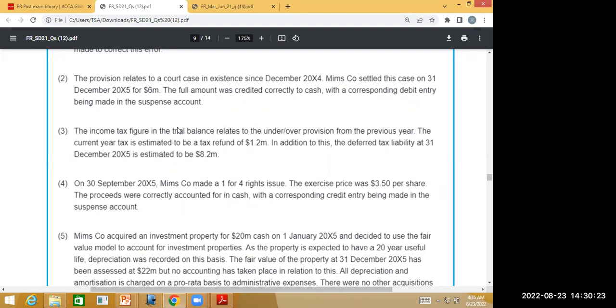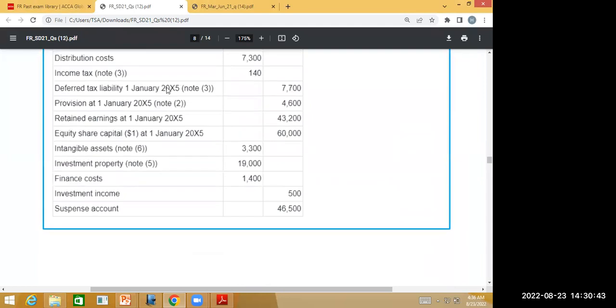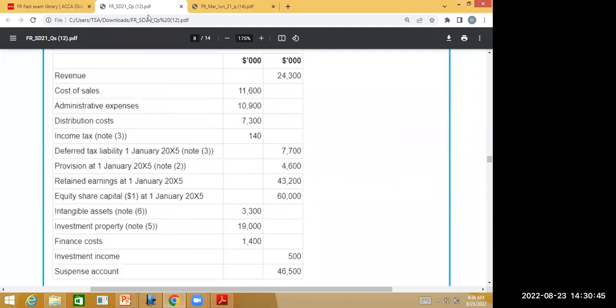Note number 3. You can take the opening balances from the trial balance.